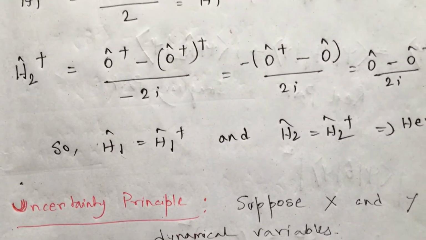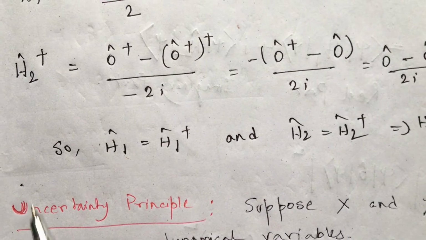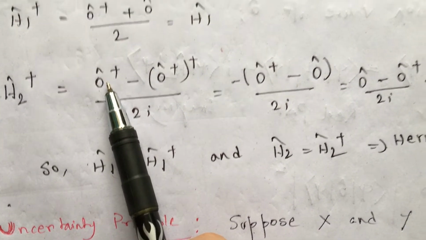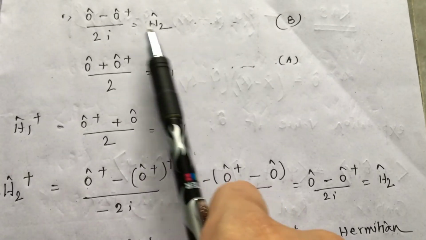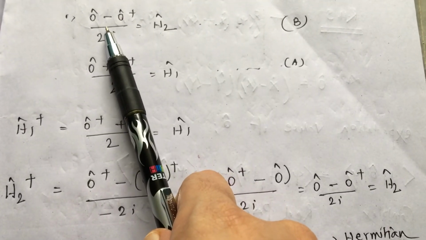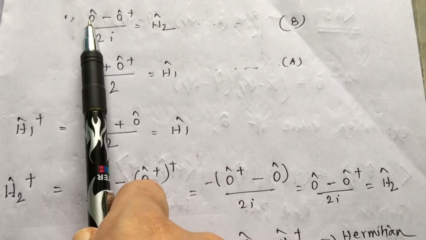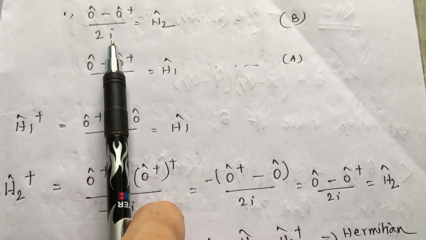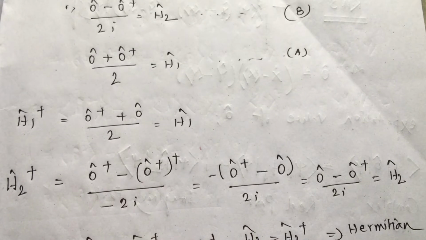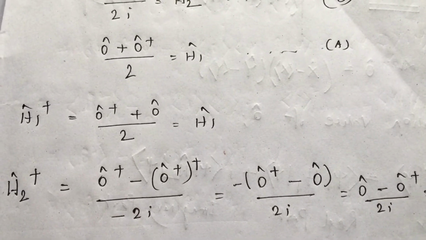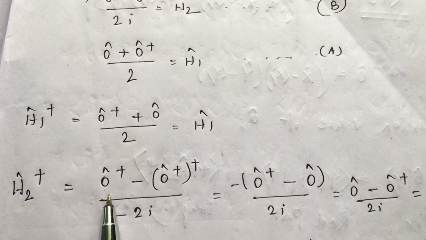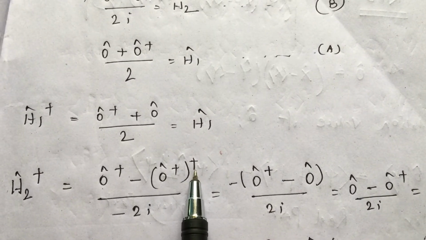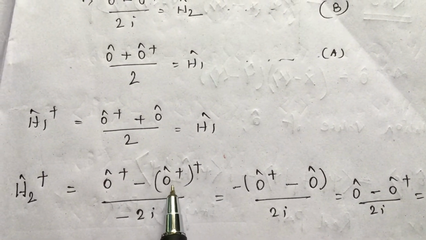Let's prove that. If it is H2 dagger, then the first O operator, let me show you equation B. If I take the dagger of this, this will become O dagger, this O dagger becomes O, and this 2i will be minus twice i, because I am taking the complex conjugate. So it's O dagger minus O, and then the dagger of it, which is eventually O only.